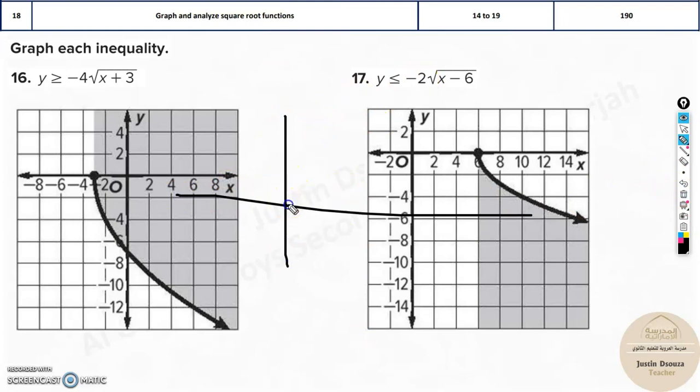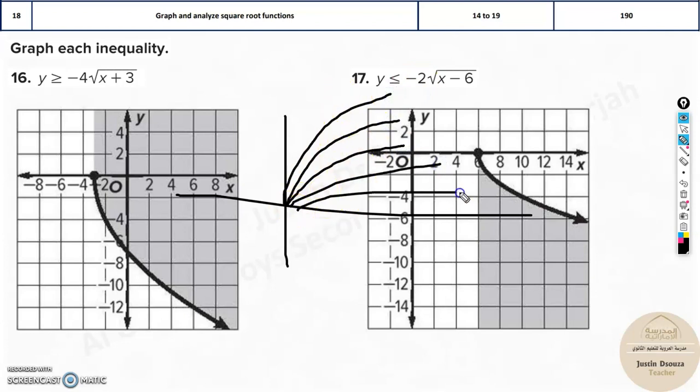This number just changes the positioning, it'll make it thinner or thicker. That's basically it, and you do not need to worry about it. If you find all the other things, you will directly get the answer.